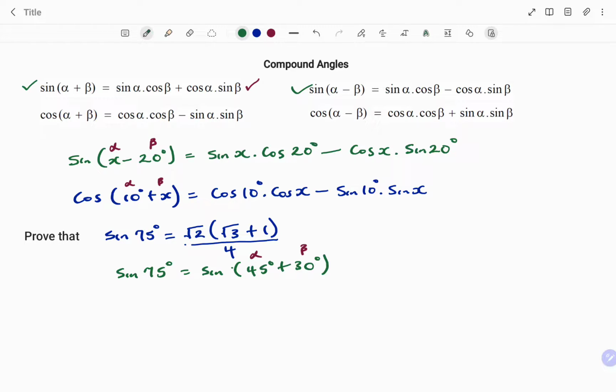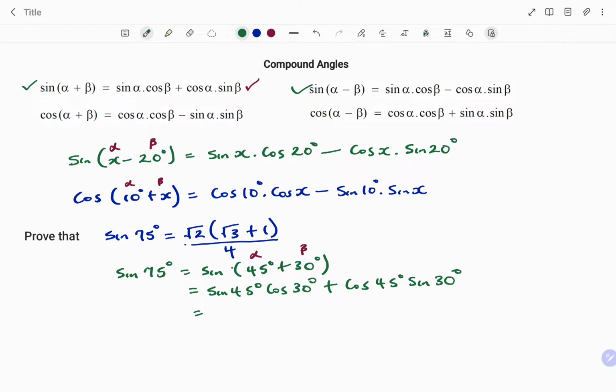So this will be equal to sine alpha cos beta, that's sine 45 cos 30, plus cos alpha sine beta, that's cos 45 sine 30 degrees. And you can see that 45 and 30 degrees are part of the special angle identities.